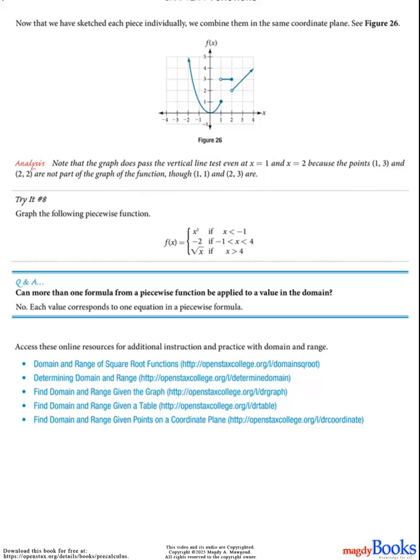Find domain and range given the graph. 4. Find domain and range given a table. 5. Find domain and range given points on a coordinate plane.